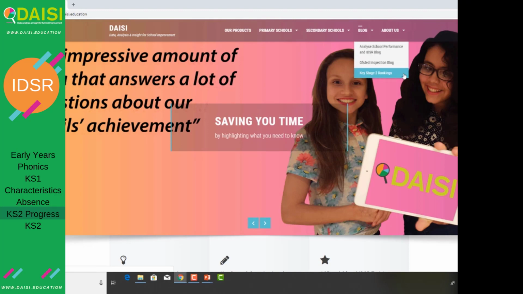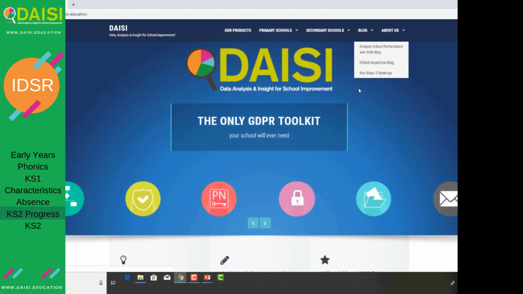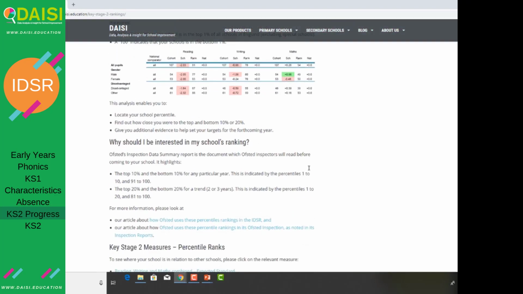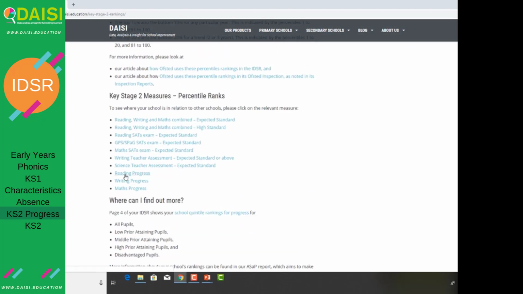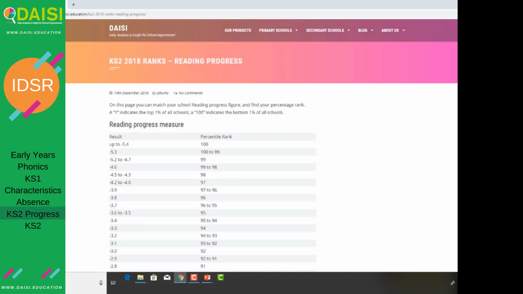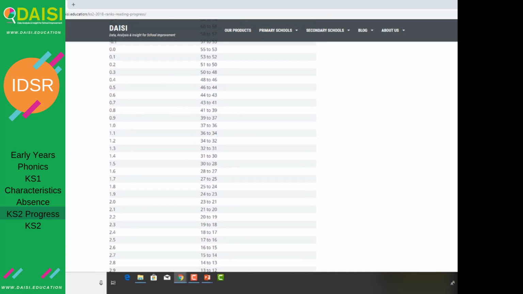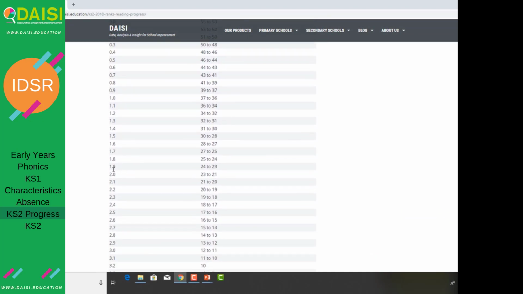We have a blog, Key Stage 2 Rankings. And in this blog, you'll find, for instance, reading progress. If you look up your school's progress score, exactly where you are. So if you have a score of, let's say, 1.5, you are in the top 30% of schools. So just go to daisy.education and go to the Key Stage 2 Rankings page.